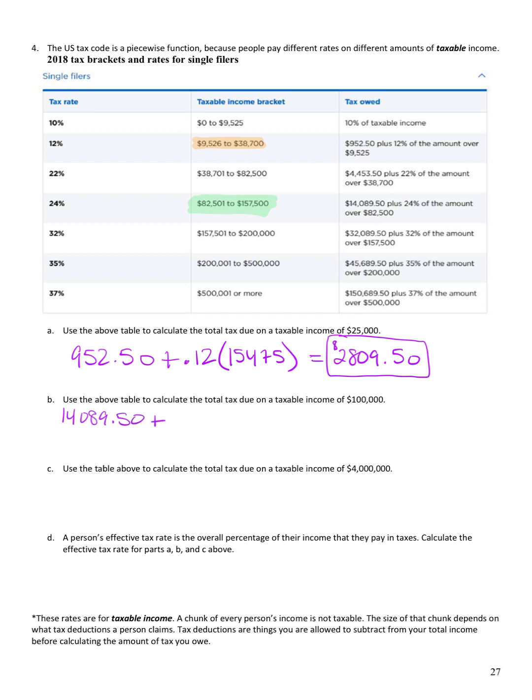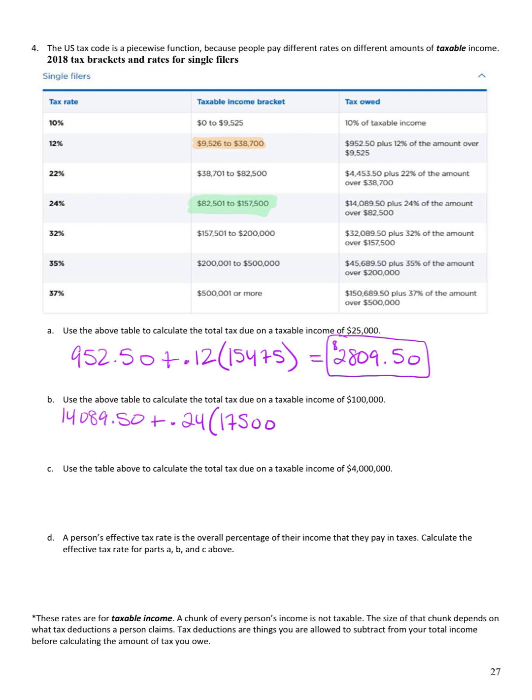Then you have to pay 24% on the amount over $82,500. So we're making $100,000. We take our $100,000, subtract the $82,500 we've already been taxed on, which is this amount, and that leaves $17,500.